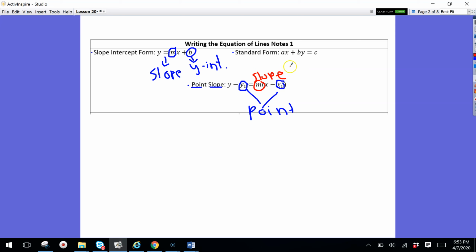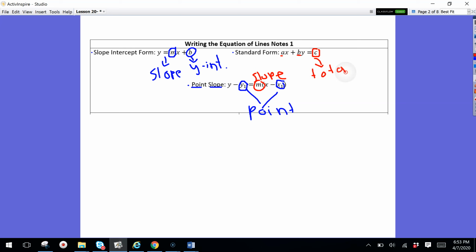Now, in standard form, I don't really have any of my attributes. I don't have a y-intercept, I don't have a slope in the equation, but what's basically happening here is I have what I'm multiplying x by, what I'm multiplying y by, and the very key thing here is that I have a total.